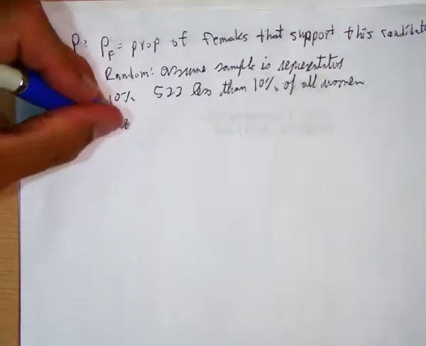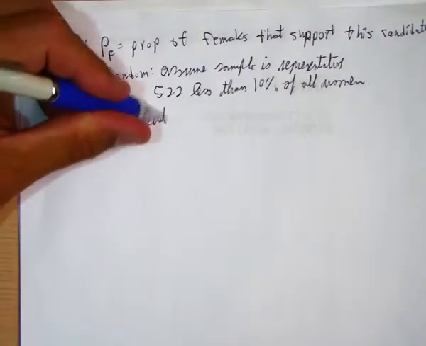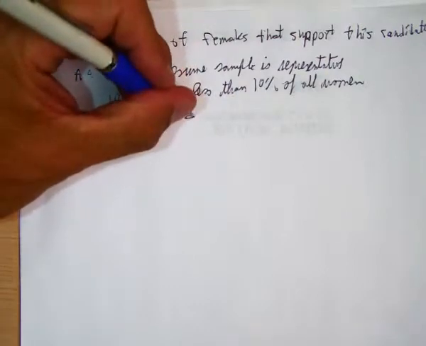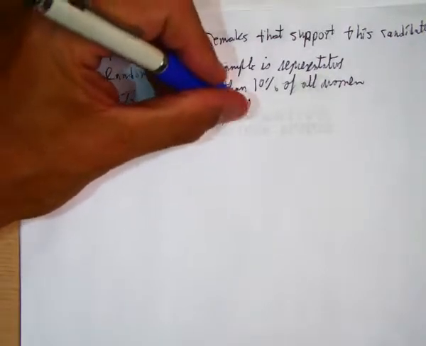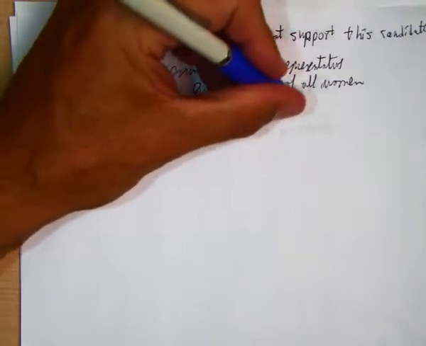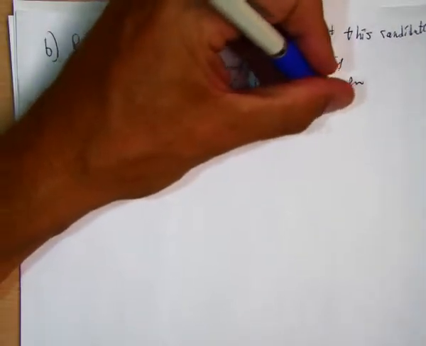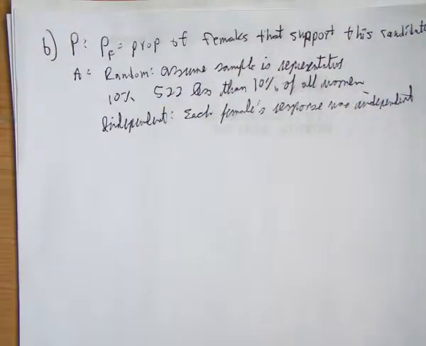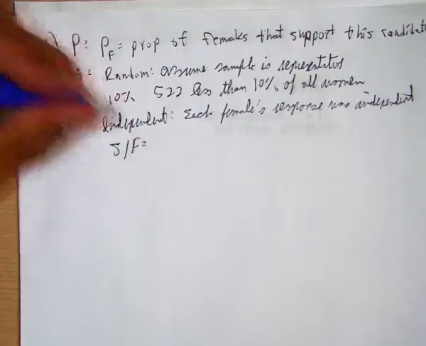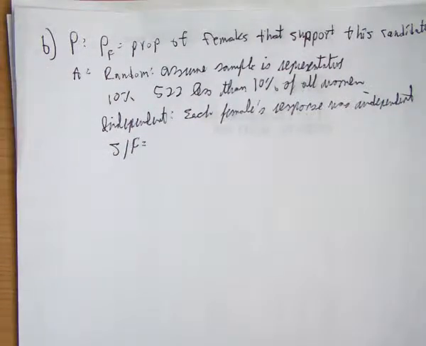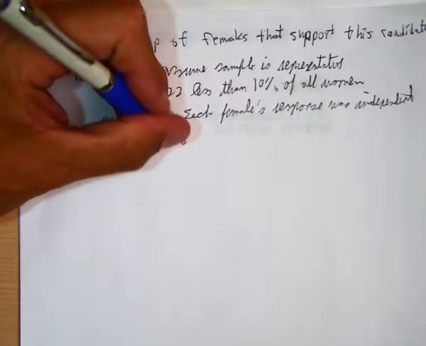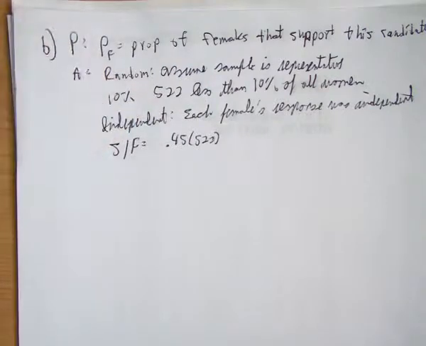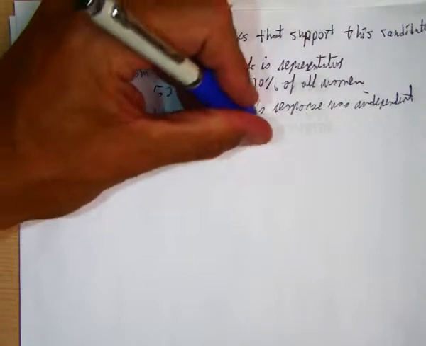Independent. Each female's response was independent. And then success/failure. For NP, we're going to do 0.45 times 522, and that's about 235, and that's greater than 10.